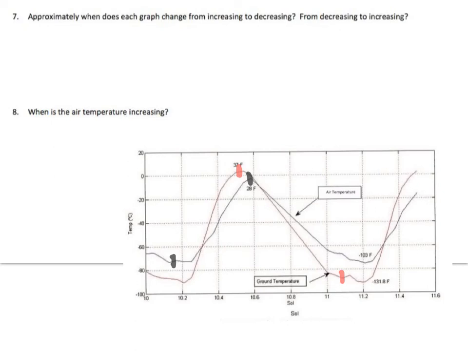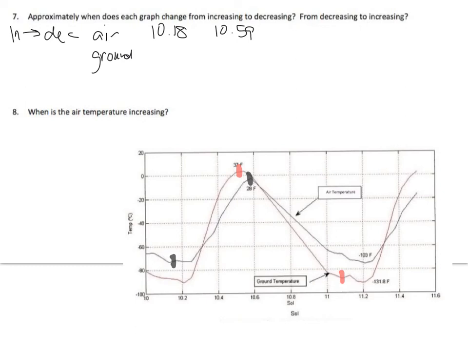I have increasing to decreasing for the air. It's at approximately 10.18 and around 10.59. And then I've got the increasing to decreasing for the ground.